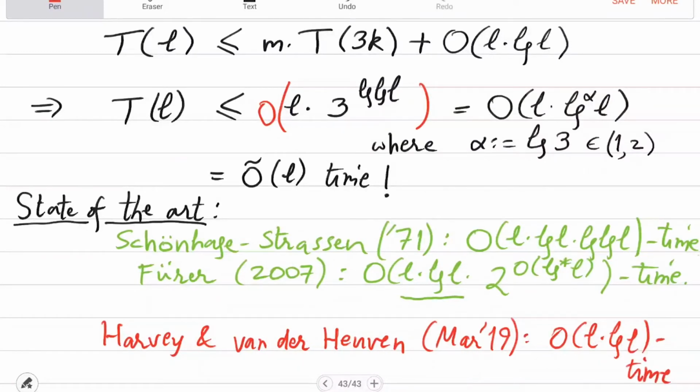Okay, so that solves the old question of multiplying numbers in L log L.